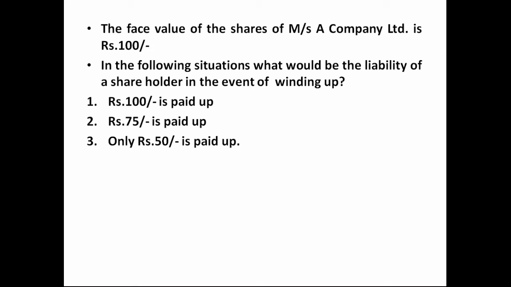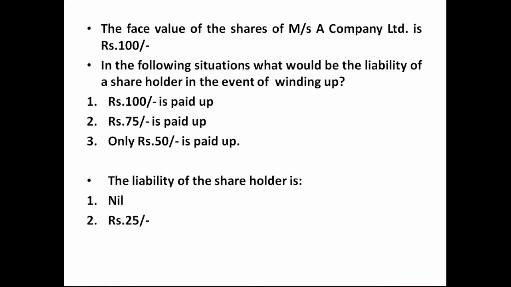Well, I'm sure you will be ready with the answer, and I'm sure it's going to be right also. The liability of the shareholder in the first situation is, as you guessed, nil, because the entire amount of 100 has been paid up. This person will not have to bring even a single pie in the event of winding up of the company. In the second case, since only 75 rupees is paid up, 25 rupees is still pending.